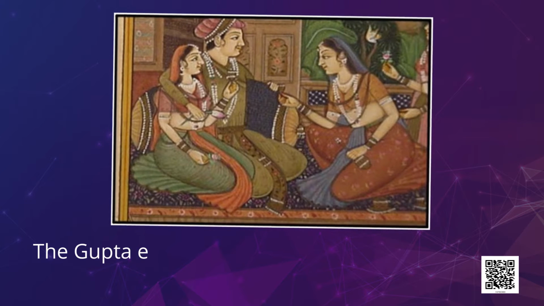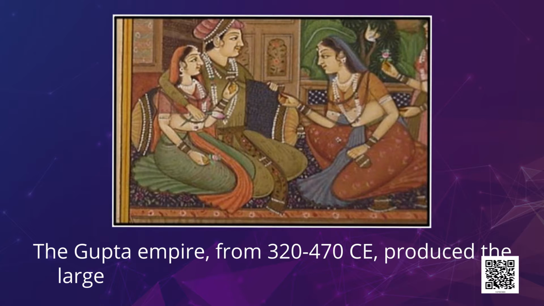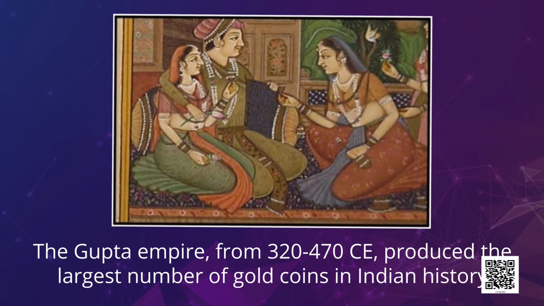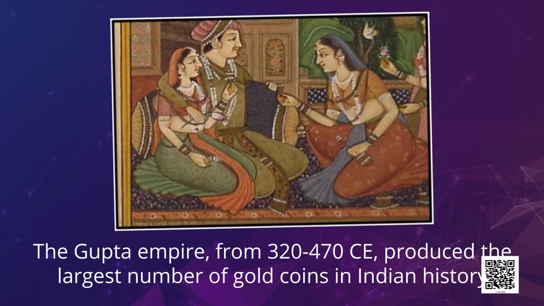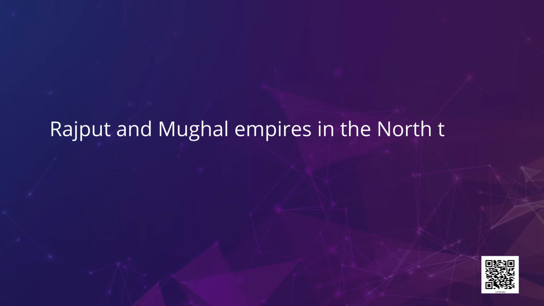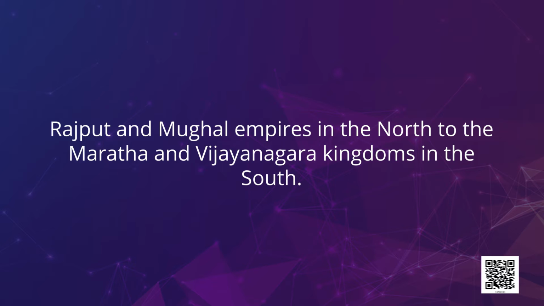The Gupta Empire, from 320 to 470 Common Era, produced the largest number of gold coins in Indian history, which is why it is often referred to as the Golden Period. Coins continued to take on various forms through the subsequent dynasties in India, from the Rajput and Mughal Empire in the north to the Maratha and Vijayanagar kingdoms in the south.